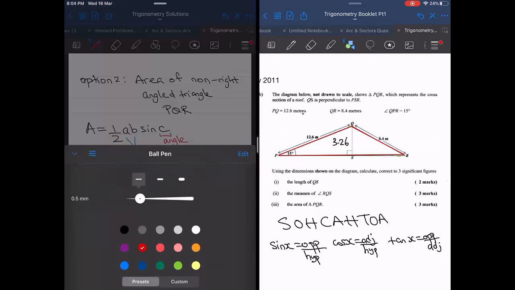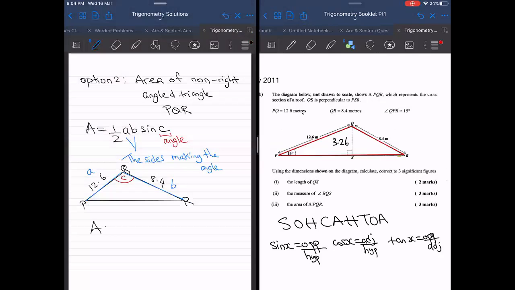So based on what we have right now, the area is a half A times B times C, but we can actually find that angle. I'm almost there, but I need to go ahead and find that angle first. But before I go ahead to find C, focusing on option 2, this is a formula.